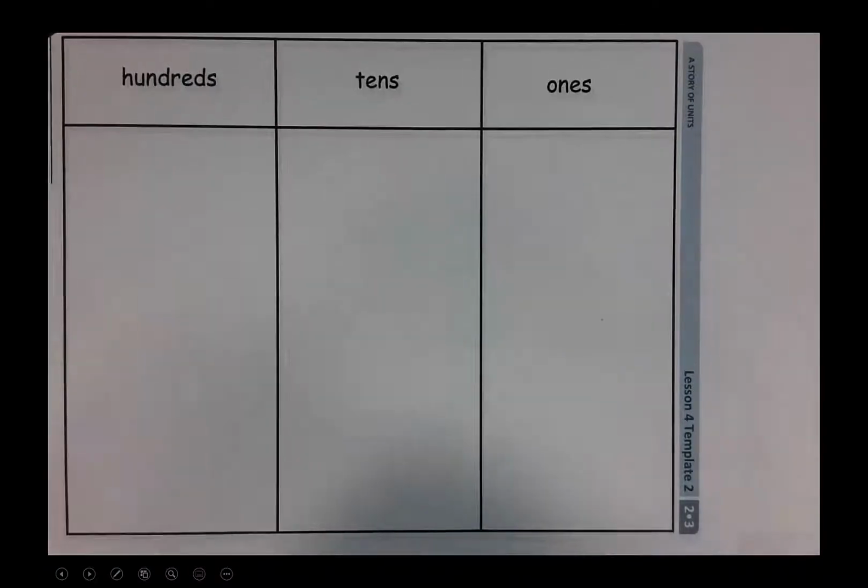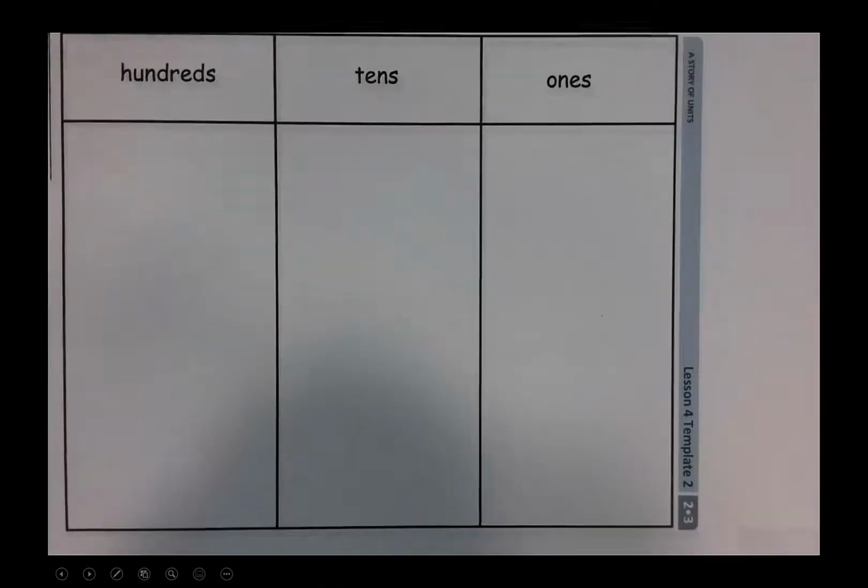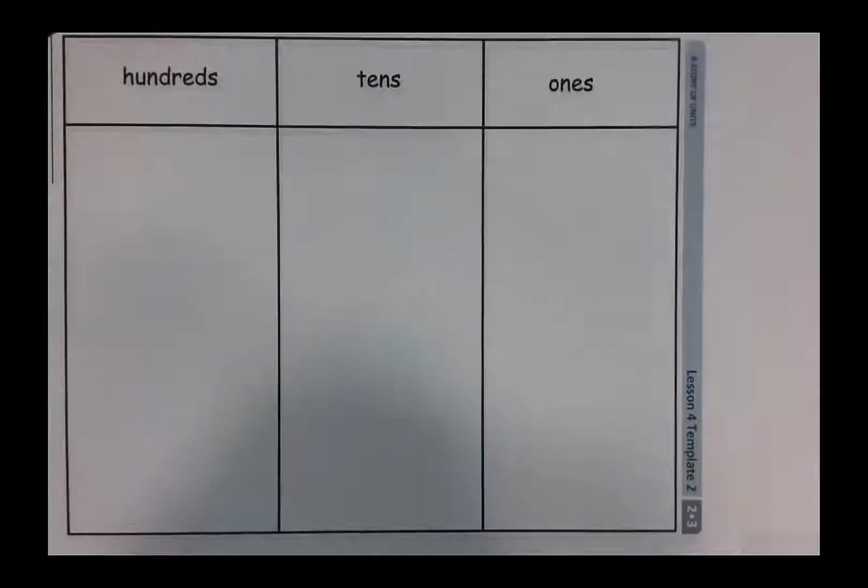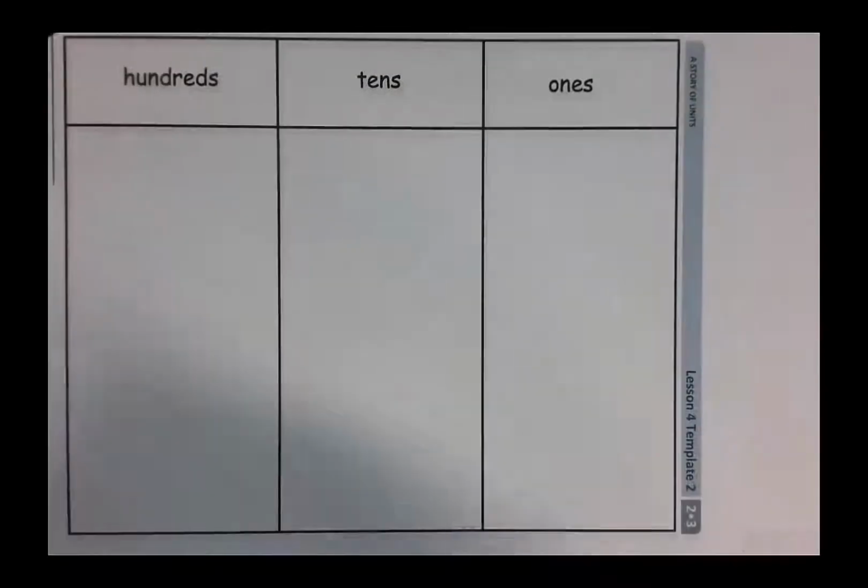So I'm going to walk you through the steps of using the place value chart and place value discs to show how conceptually you can show multiplication. For this example, we're going to do 3 times 23, and we're going to name that as the product of 3 groups of 23.